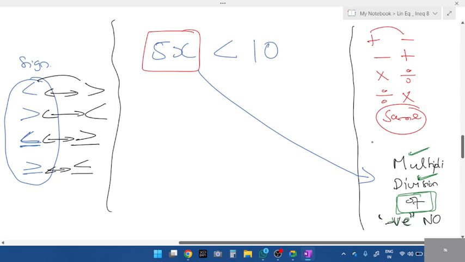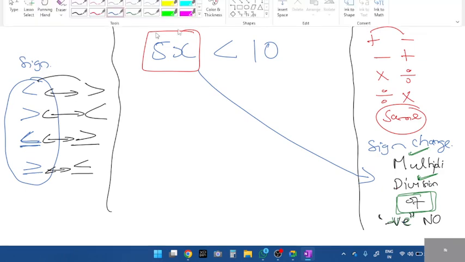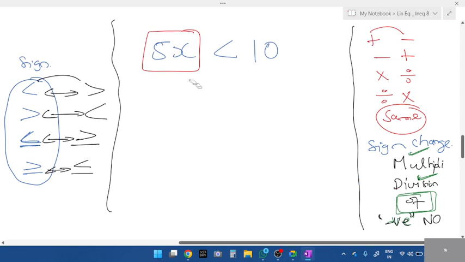What did I tell? The sign should change. But multiplication and division of which number I told? Negative number or positive? Negative. What about 5? Is 5 negative or positive? It is positive. So again for this the sign will not change. It remains x less than 10.